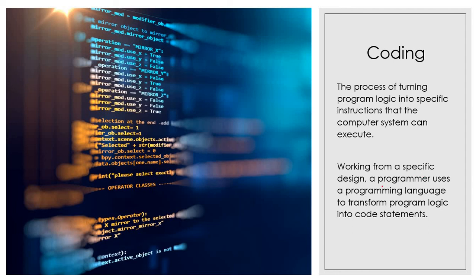So working from a specific design, a programmer may use a programming language to transform program logic into code segments. Usually an individual programmer might create a small program, while larger programs typically are divided into modules that several individuals or groups can work on simultaneously.